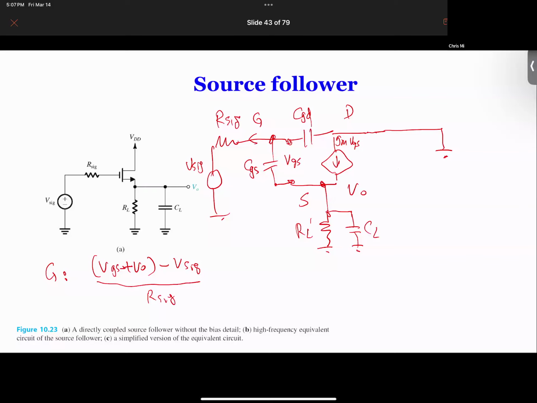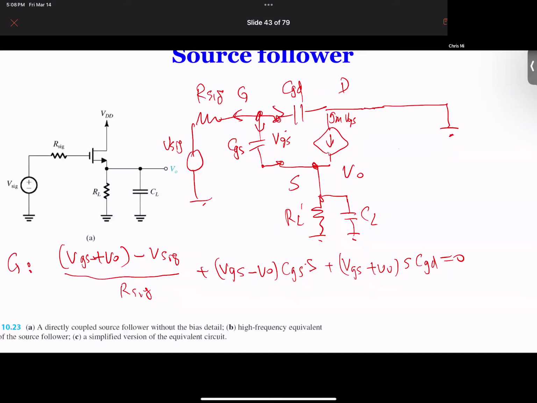That gives you the current in this direction from out of the gate. And then here we have plus VGS minus VO, which is the voltage across CGS, times S. And then plus VGS plus VO, which is the voltage again at VG, times SCGD, equal to 0.